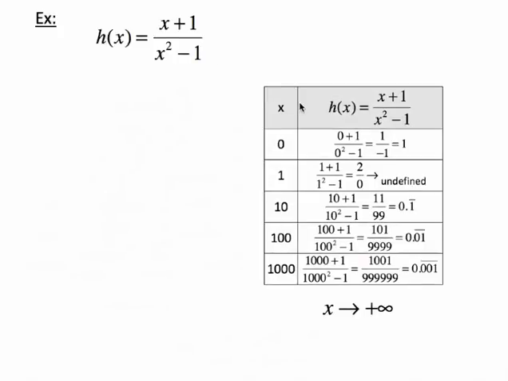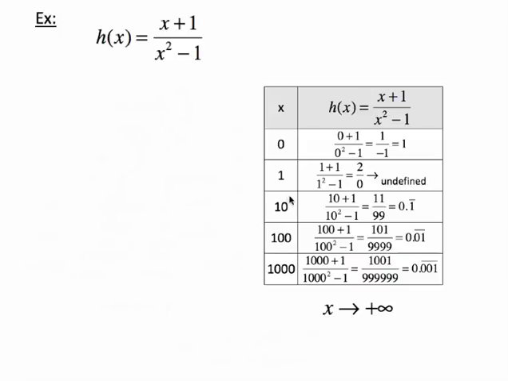Now here, what I've done is I've made a table of values with x getting larger and larger and worked out the y values that correspond. And I've done this with the original unfactored, uncancelled function, although you could also have done it with the factored and cancelled version. Notice that when x is equal to 1, we get y is undefined. That's our vertical asymptote.